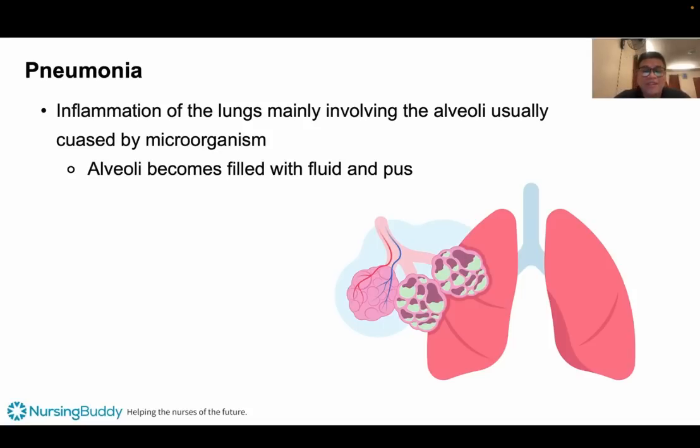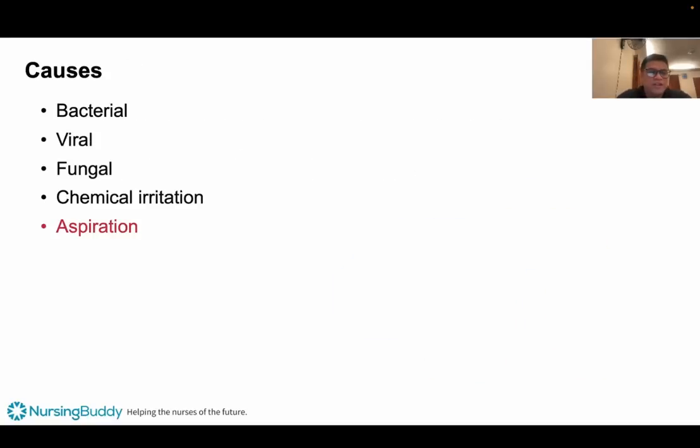So what are the causes of pneumonia? It can be bacterial, viral, fungal, or chemical irritation, or aspiration. So always monitor your patient for risk of aspiration.